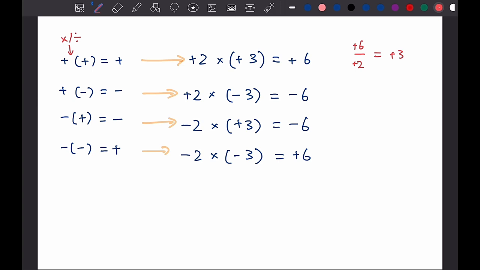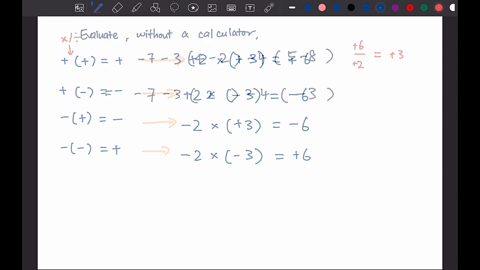Think of the two negative signs this way: negative is like a negation, so the first negative sign reverses the second negative to become a positive. In short, when you multiply or divide a negative number by a negative number, you get a positive number in the end.